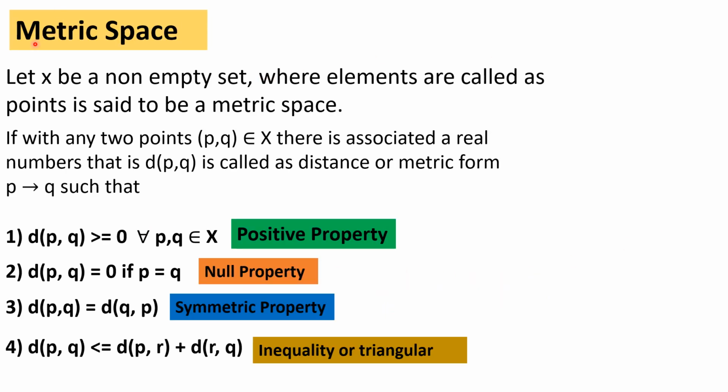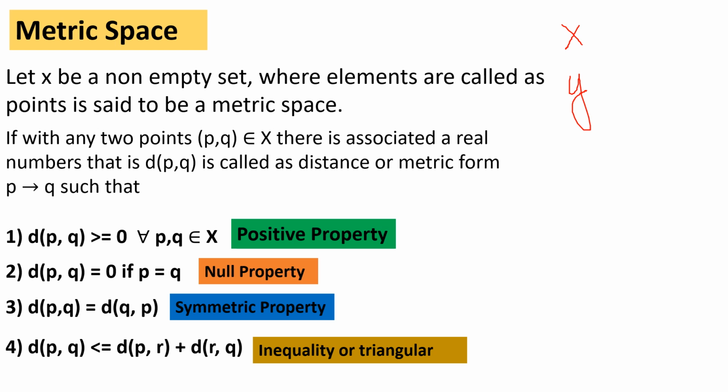So first we will learn what a metric space is. Let X be a non-empty set whose elements are called points; it is said to be a metric space. Let us learn the definition line by line. Let X be a non-empty set. Do you know what a non-empty set is? First, let us take X and Y. These all belong to the real number system.